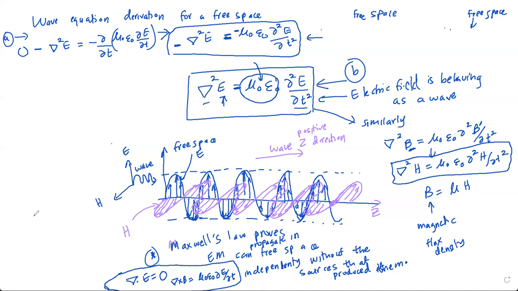Right, and now we are going to compare this wave equation with the classical physics equation, and we are going to show the velocity of the wave propagating in free space, right?